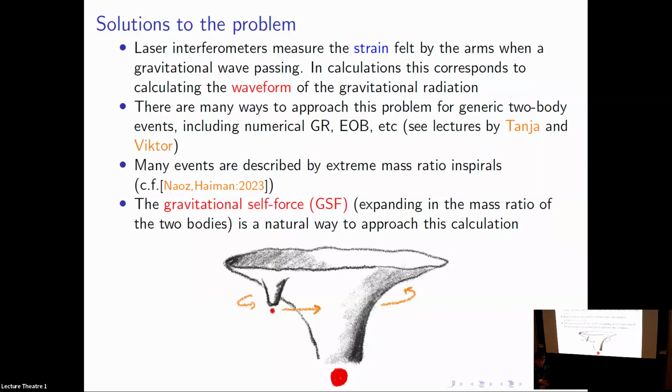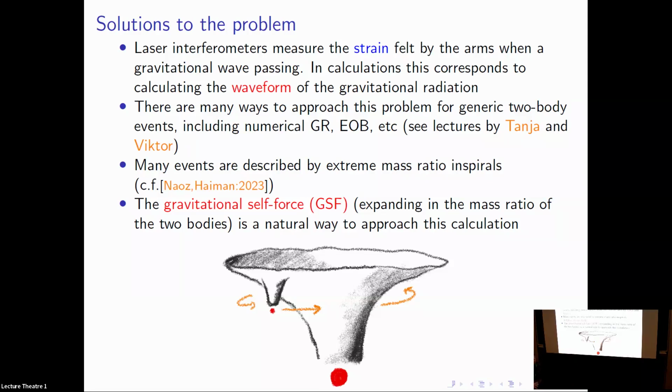In calculation, this usually corresponds to the waveform of the gravitational radiation that is felt. There are many ways to approach calculating this, for example numerical GR, analytical GR, or effective one-body. We've seen some summaries of these by Tanya and Victor.